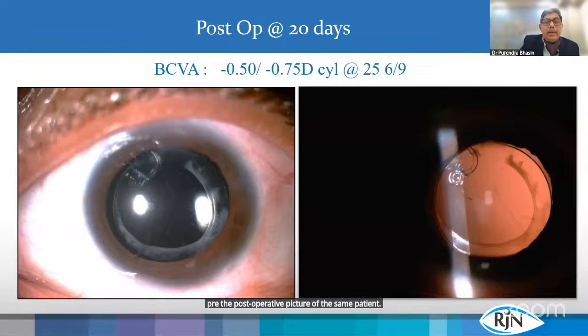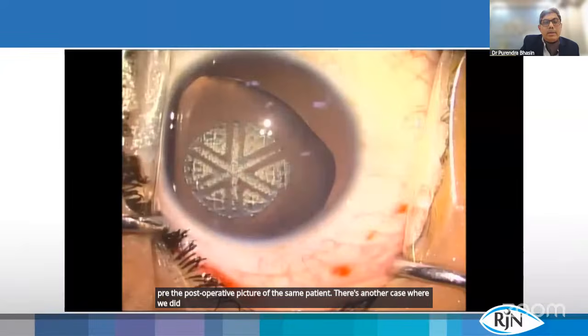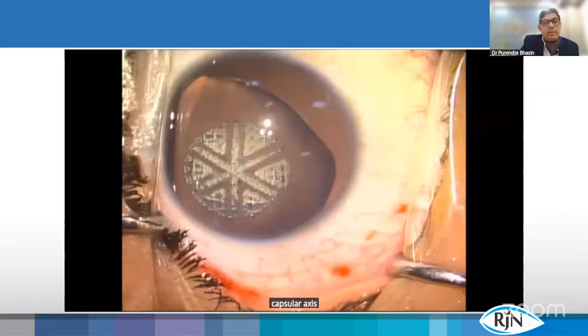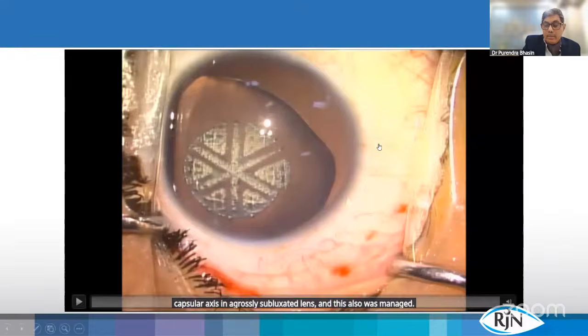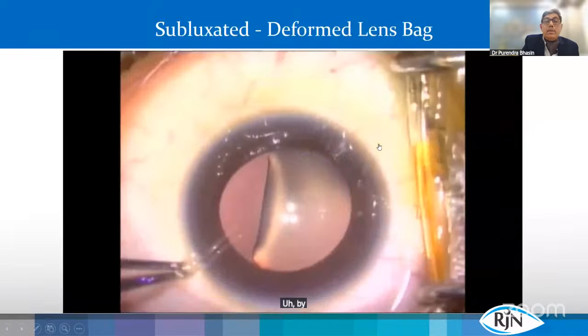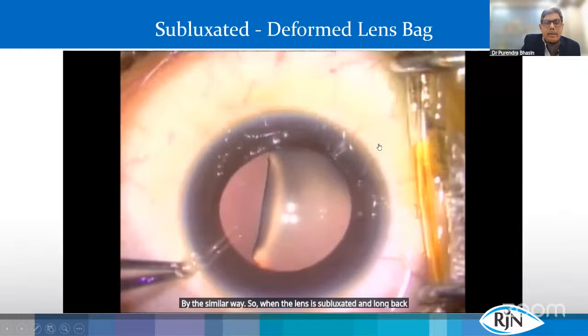There's another case where we did a small size, 4.5 millimeter capsulotomy in a grossly subluxated lens, and this also was managed in a similar way. When the lens is subluxated and the injury occurred long back, the lens bag gets deformed.